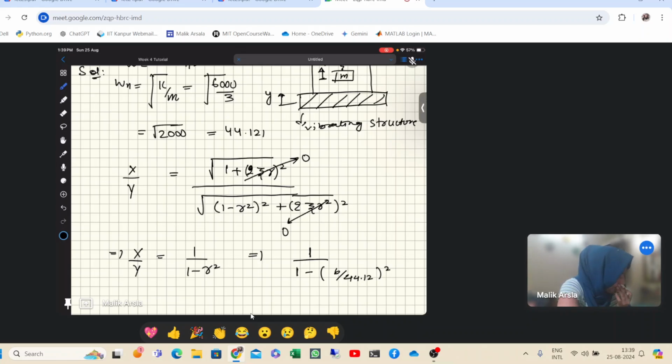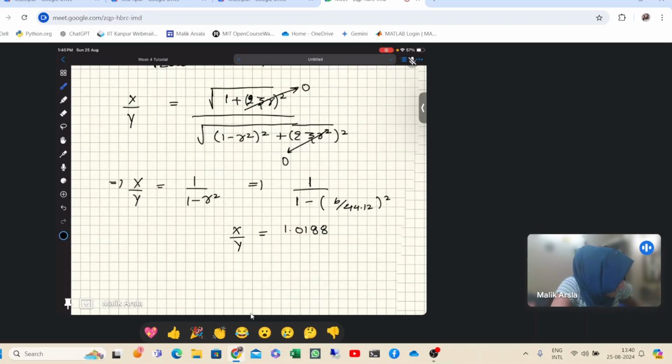Let me use the calculator. Yeah, so this expression is coming out to be 1.0188. So it's x by y.